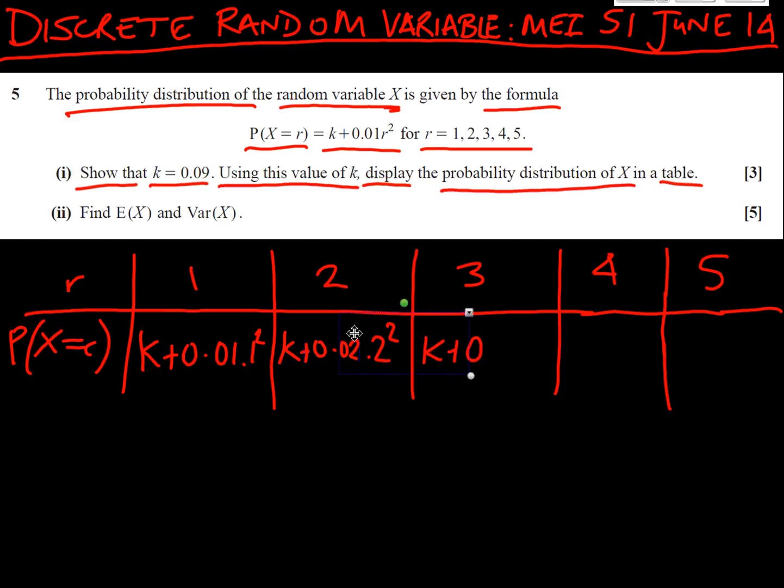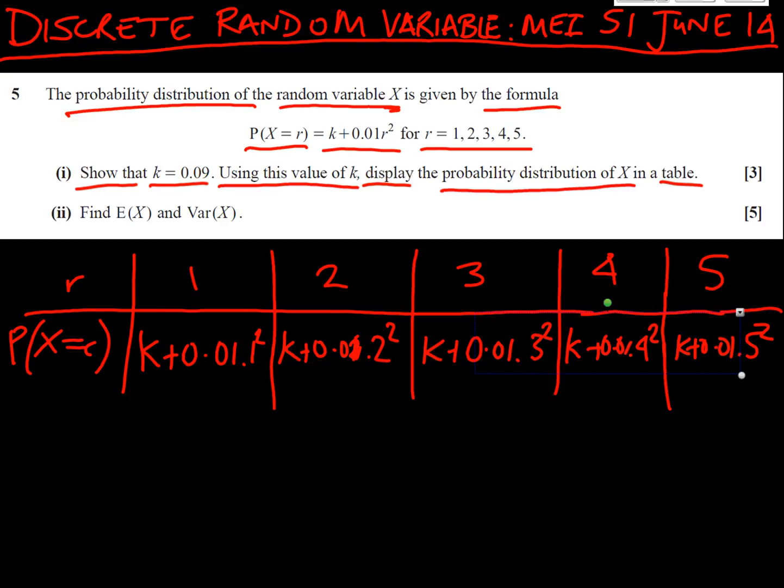Then k plus 0.01 times 3 squared, k plus 0.01 times 4 squared, and finally k plus 0.01 times 5 squared. I've put a dot for times rather than using multiplication.